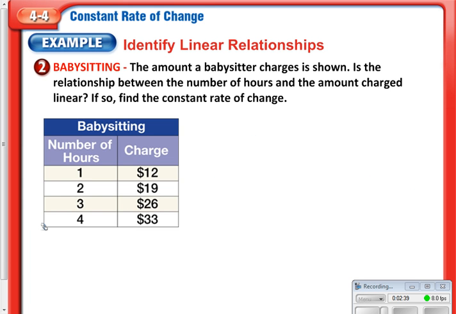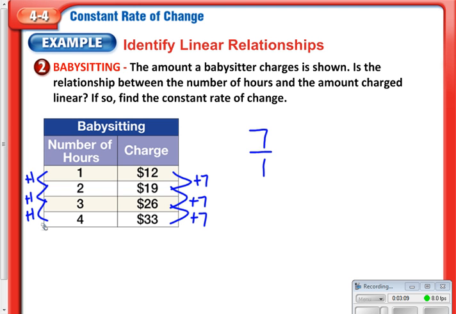Next, example 2 says the amount a babysitter charges, as shown, is the relationship between the number of hours and the amount charged linear? If so, find the constant rate. So again, same scenario. We gain an hour here, 1 to 2, 2 to 3, 3 to 4, gained an hour. Over here, my charge from 12 to 19, plus 7, 19 to 26, plus 7, 26 to 33, plus 7.